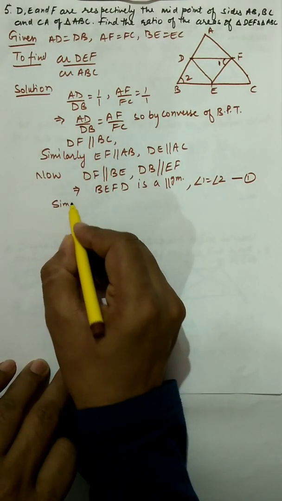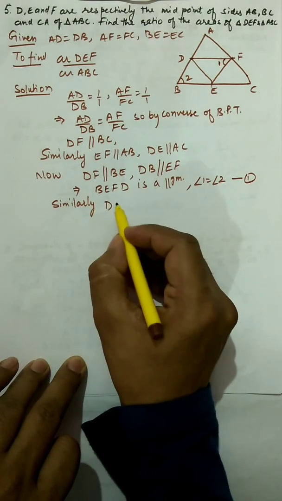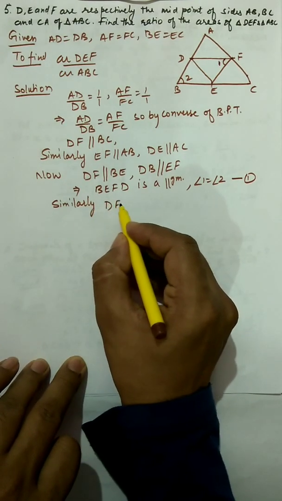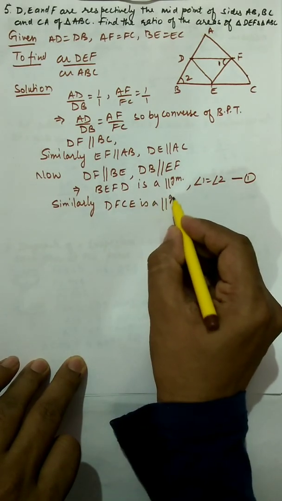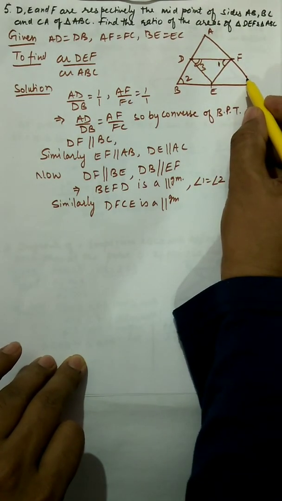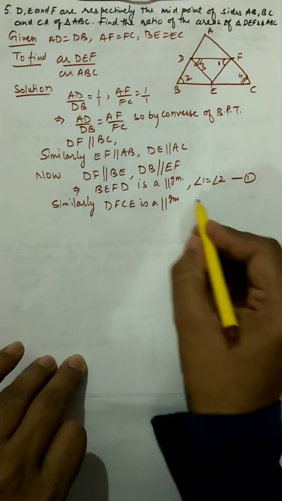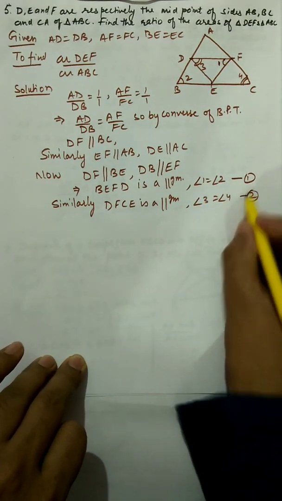Similarly, you can also show DFCE is a parallelogram, and if I mark this as angle 3, then it will be equal to angle 4. So angle 3 will be equal to angle 4. Mark this as 2.